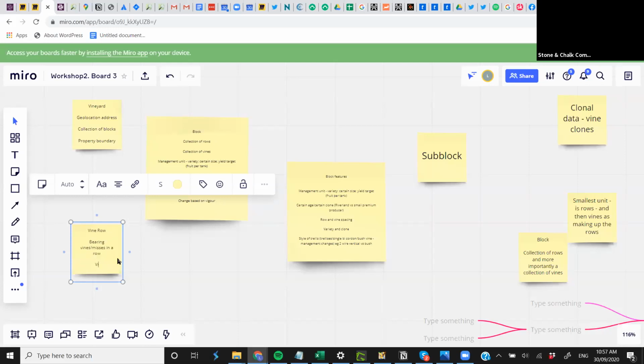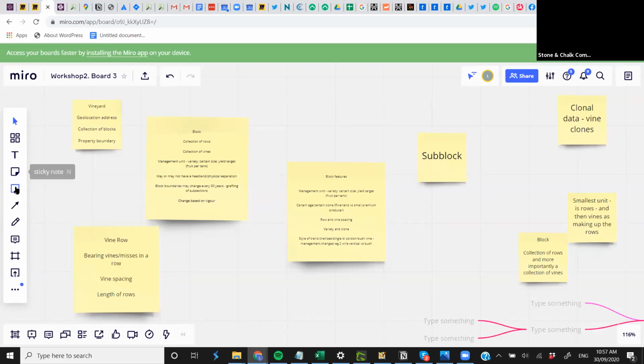Length of rows. If you know the area of the vineyard based on the block boundary and divide that by the row spacing, then you know what the length of row in the block is.